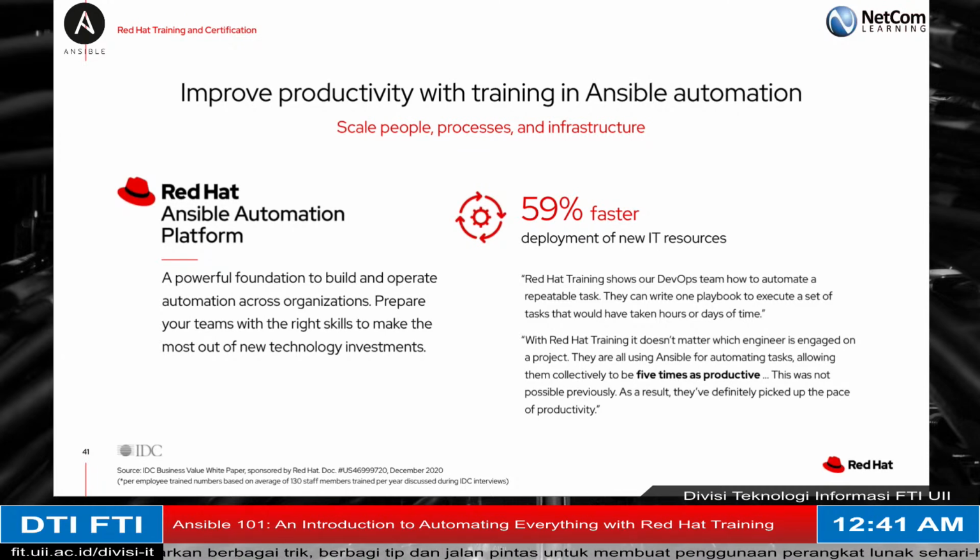Cannot stress enough how important it is to have a deep understanding of both Ansible Engine, where you're actually building the automation, Ansible Tower, where we're consuming and operationalizing, and then the overall platform, which includes things like Automation Hub.